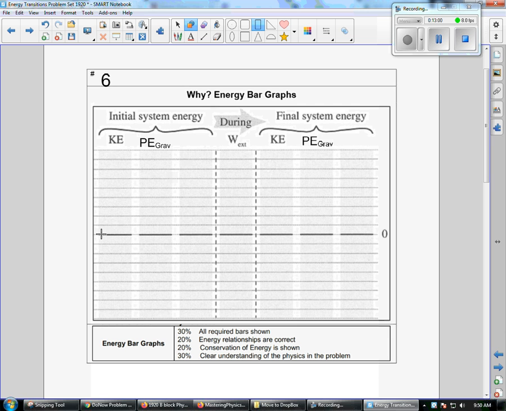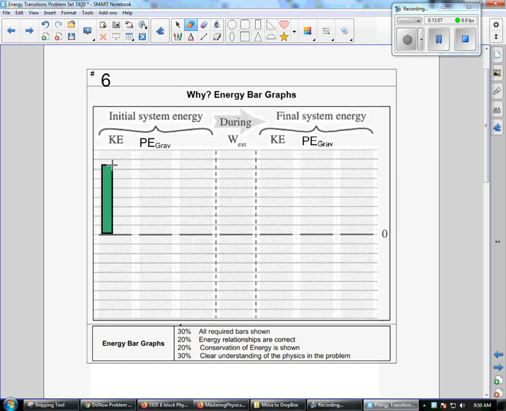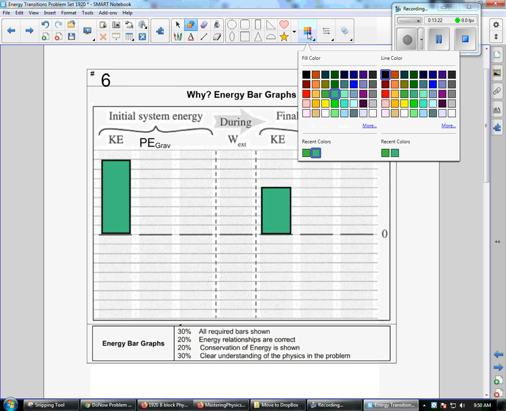Going to have some kinetic energy to start. Give it a bunch. And then it's going to have less kinetic energy afterwards, right? And what happened is that some of that KE has gone to PE grab.